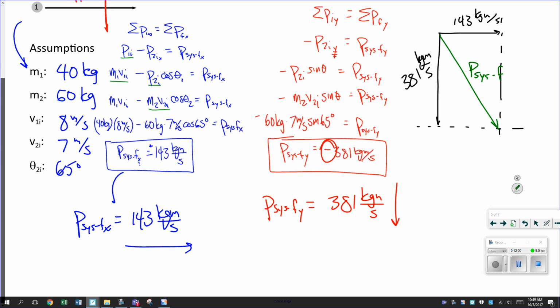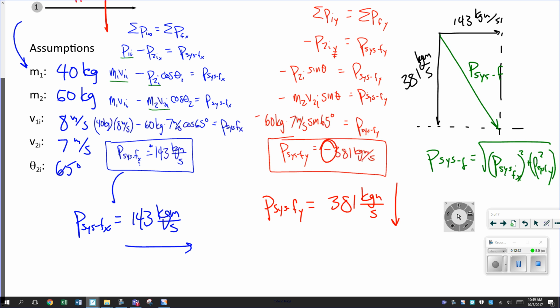Knowing what we know about the two components, do you think we can find the size of P sys final? I think we can. According to the Pythagorean theorem, P sys final is the square root of P sys final x squared plus P sys final y squared, because this is a right triangle.